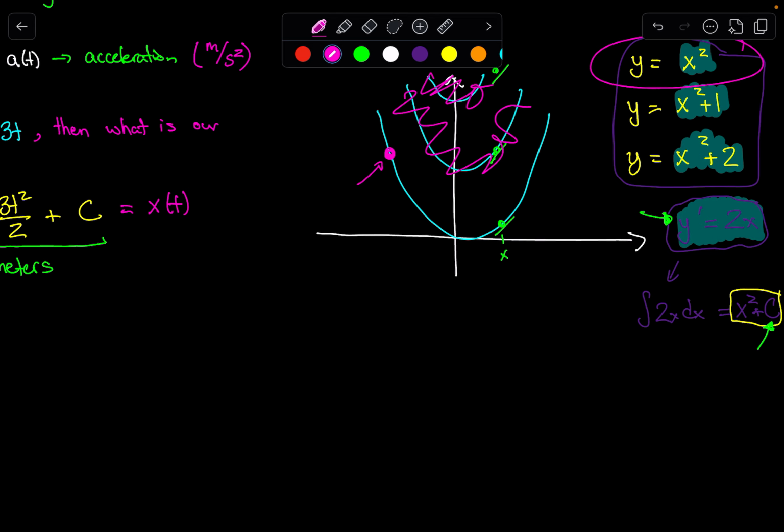And so it turns out that to solve for c, we need to know at least one point that our solution function goes through.